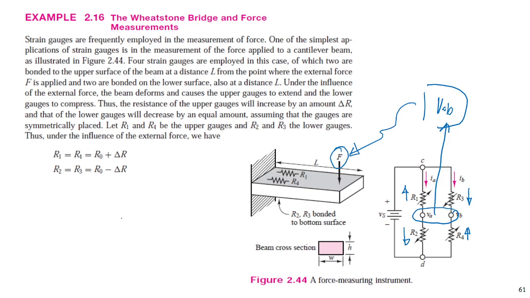So at first, R1 and R4 are equal, and if it's bent, they will increase by delta R. And R2 and R3 will decrease by delta R. It becomes R0 plus delta R, and R0 minus delta R, right?